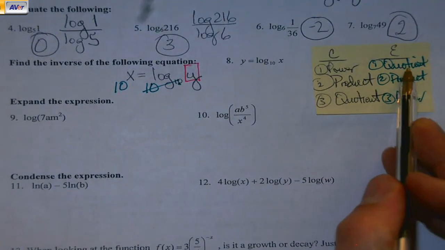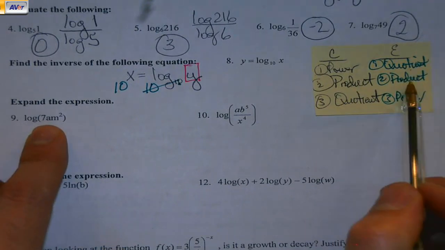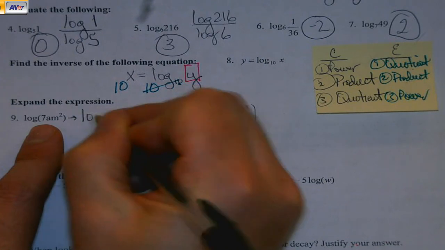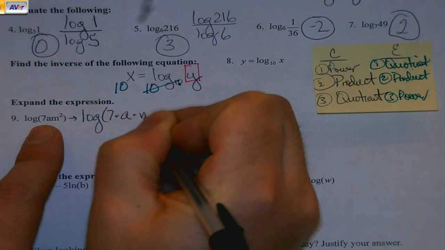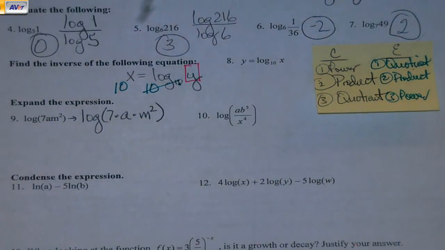First thing I'm looking for is: are there any quotients? Do I see any fractions? Well, I don't. Products. Now, you may not see this right away, so I'm going to rewrite this so it's a little more obvious what's going on here. So I look and I go, okay, actually there's little multiplication dots in there between the 7 and the A and the A and the M squared.